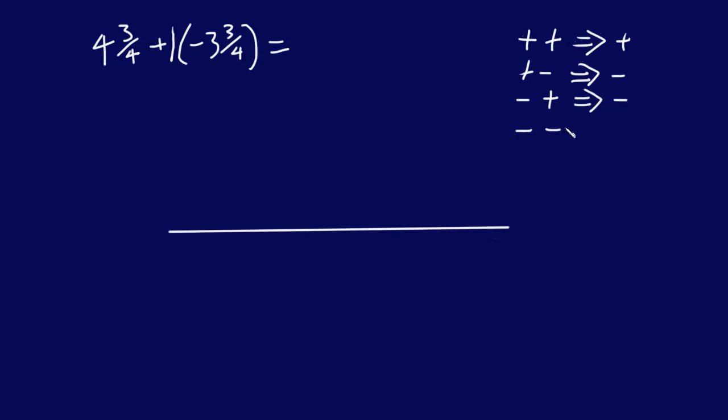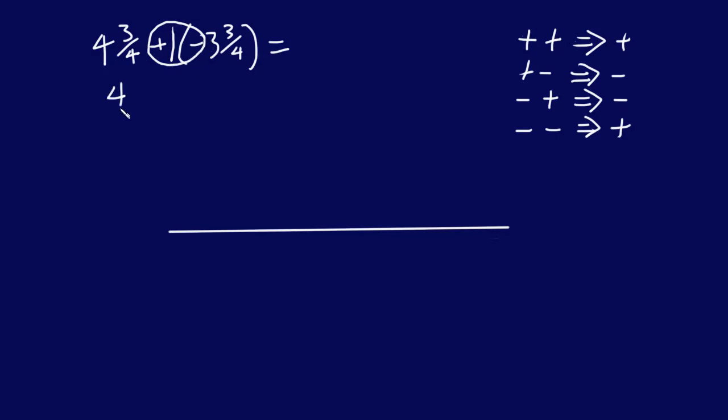And when you have a negative and a negative, that results in a positive. So when the signs are the same, you get positive. And when you have the signs different, then you end up with a negative. So in this case, you have a positive and a negative, so these two signs right here end up being negative.